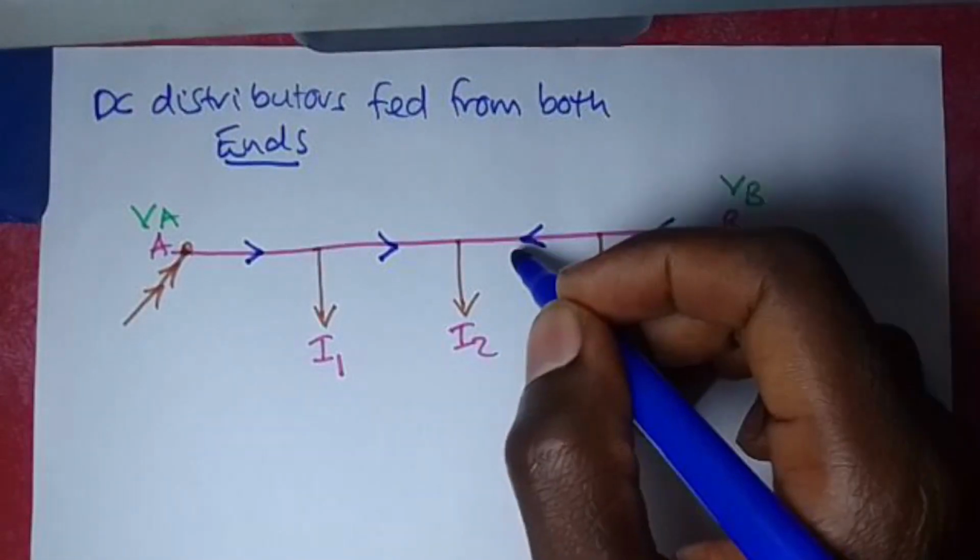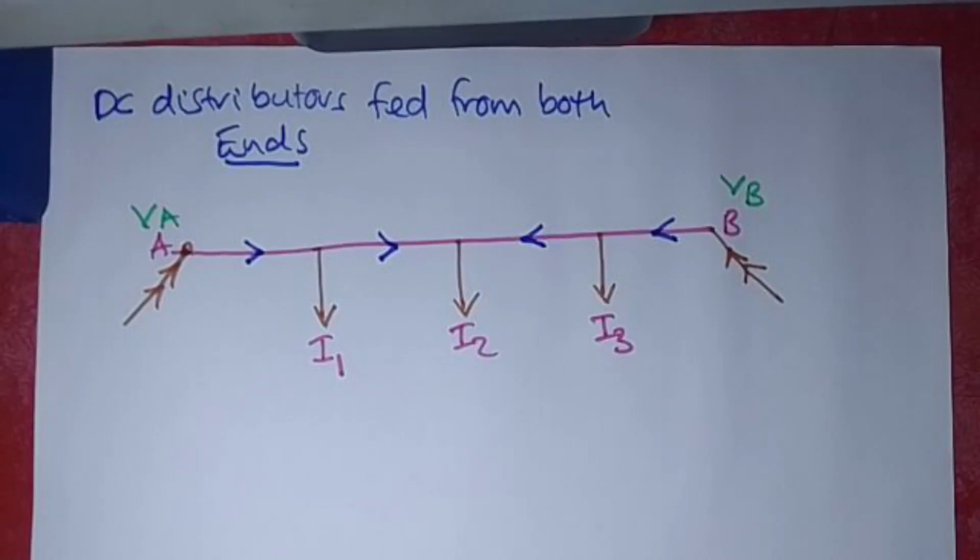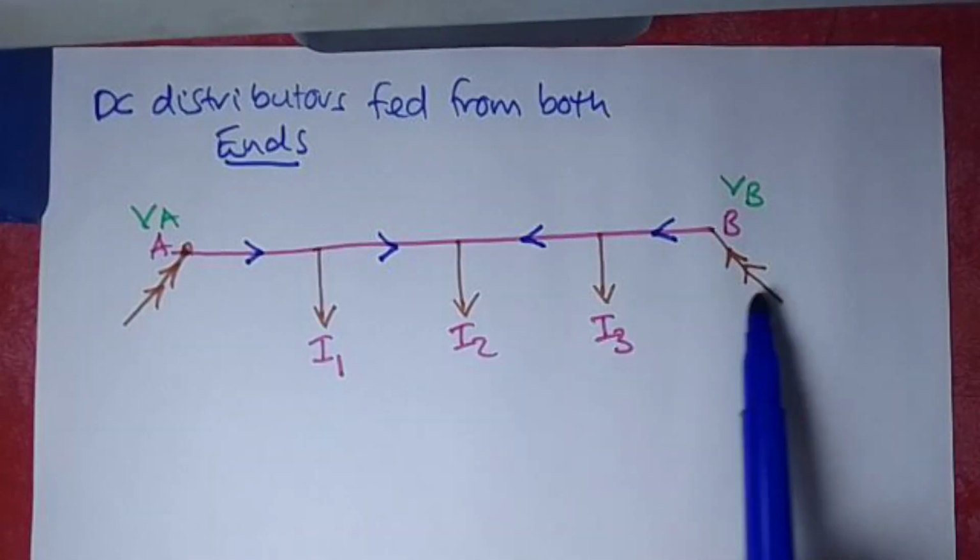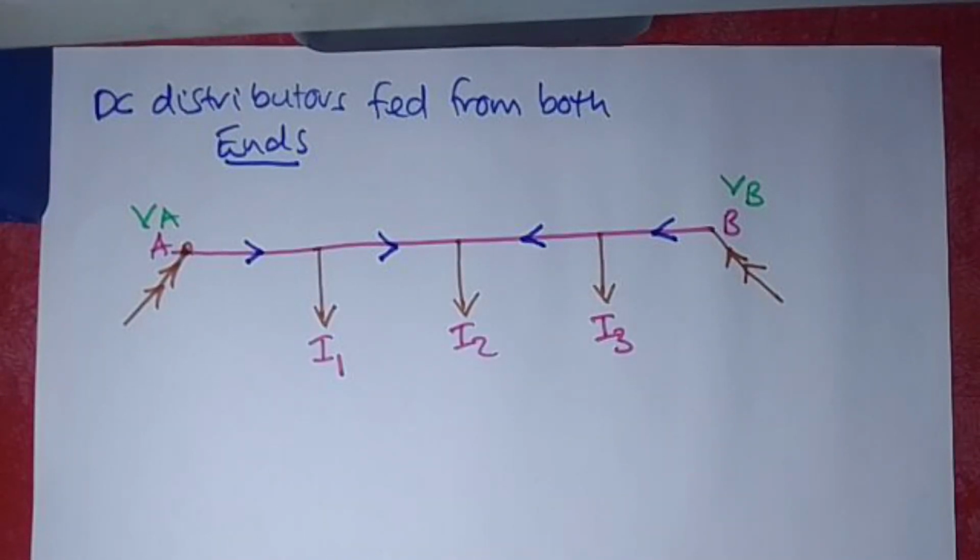When they meet and supply one load, there is what we call a point of minimum potential, and I'm going to explain that. But first of all, we have to know that the currents will be coming from both directions.